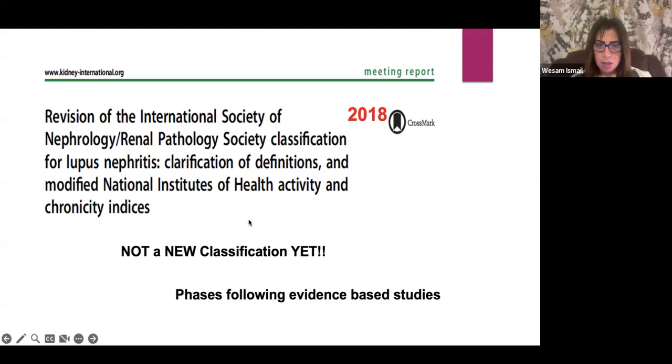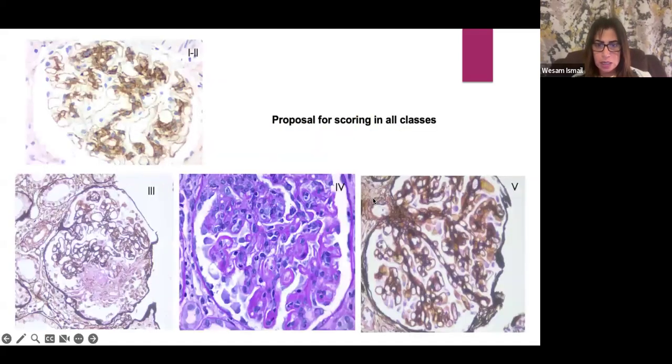As I mentioned, and I'm stressing, we don't have a new classification yet. We are still using the 2003 classification, and this revision is in phases which are going to follow evidence-based studies. So we only have phase 1, since 2018.